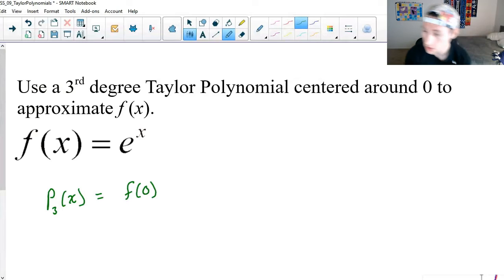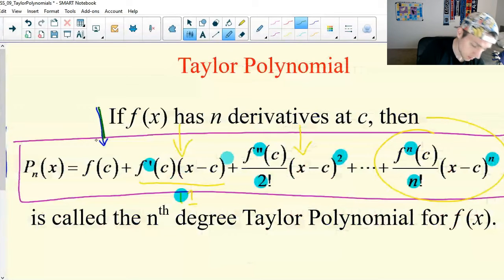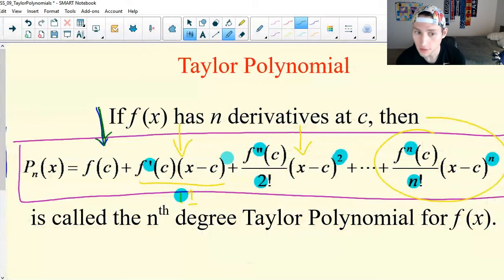So this will just start with plugging in 0, because that's what this first term always is. It's just the value of the function at whatever we are centering it around. That's what that C represents: where are we centering this polynomial, where do we want it to start approximating really well?